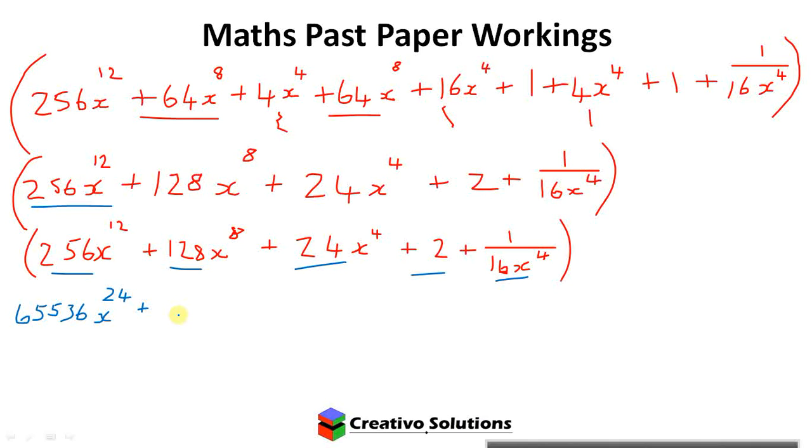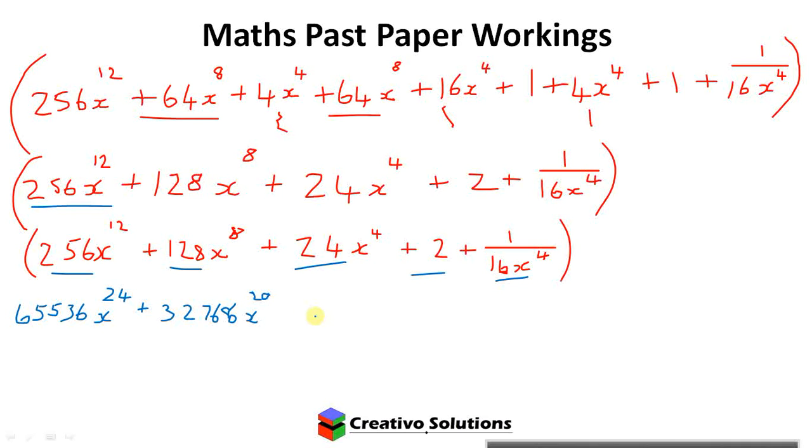256 times 128 is 32,768. Now, all of these terms with x's aren't actually important because you don't actually need them, you just need the constants. If this was the exam, I would just skip this bit and I would just look at the constants.